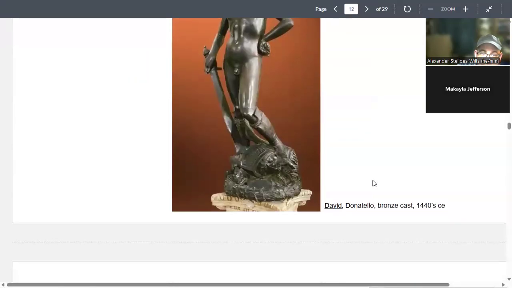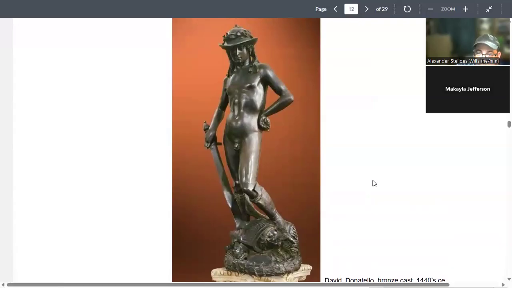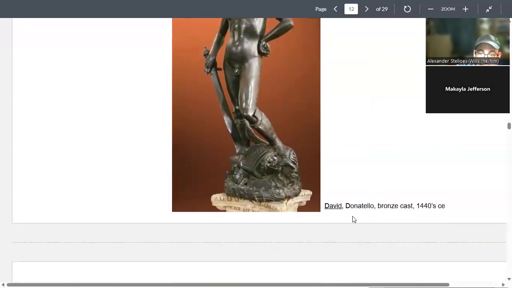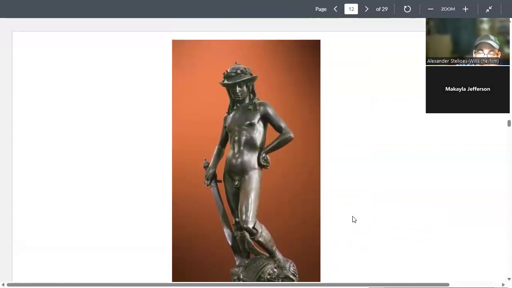All right, Donatello's David. So it is sculpture, it's freestanding, it's cast bronze, it's in the round, and what else? It's Renaissance, technically early Renaissance. Donatello is one of those cusp figures where he's technically in the early Renaissance, but we often feel like he's from the late Renaissance or the high Renaissance.